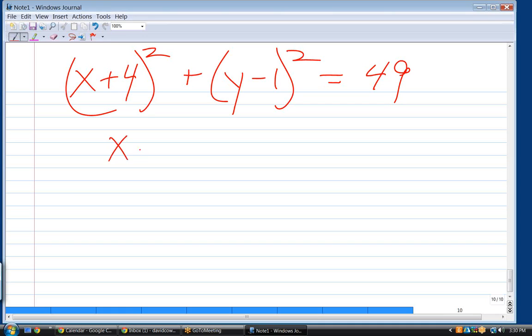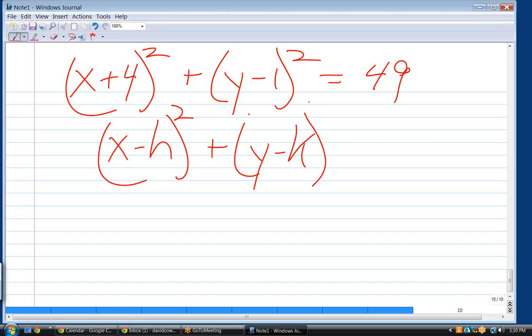It's x plus h squared, or x minus h squared. Remember, it's always minus. Plus y minus k squared. That's always minus also. Equals r squared. Okay. So let's figure out what h, k, and r are. If we can figure out what h, k, and r are, we'll know how to graph it.